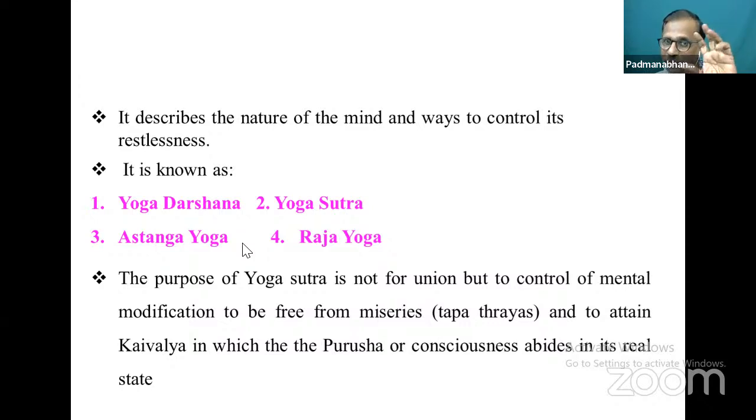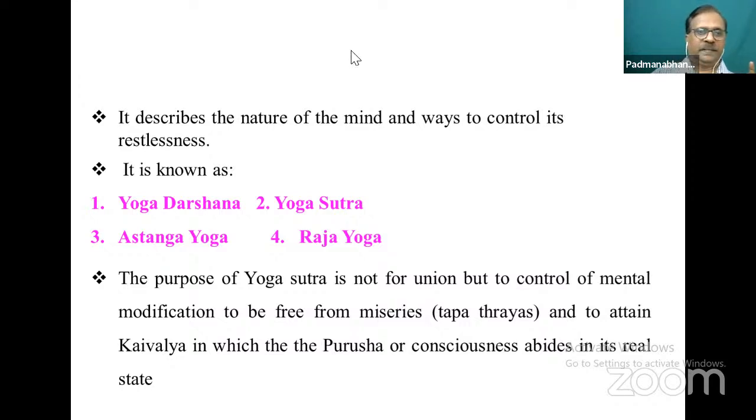Chitta has only apparent consciousness; the real consciousness it gets from the Purusha. So the purpose of yoga is not union, but to control the mental modifications, to be free from the miseries, Adhyatmika, Adhibhautika, and Adhidaivika. You have to remember the 3 dukkhas, UGC may ask. And to attain Kaivalya, in which the Purusha or consciousness abides in its real form, its real state.